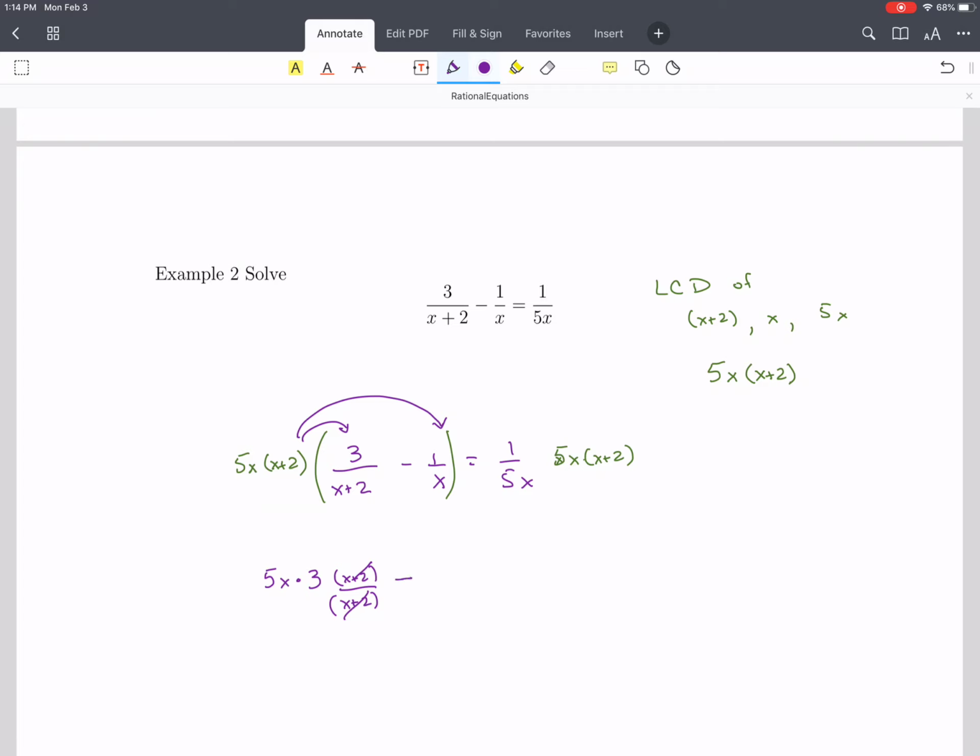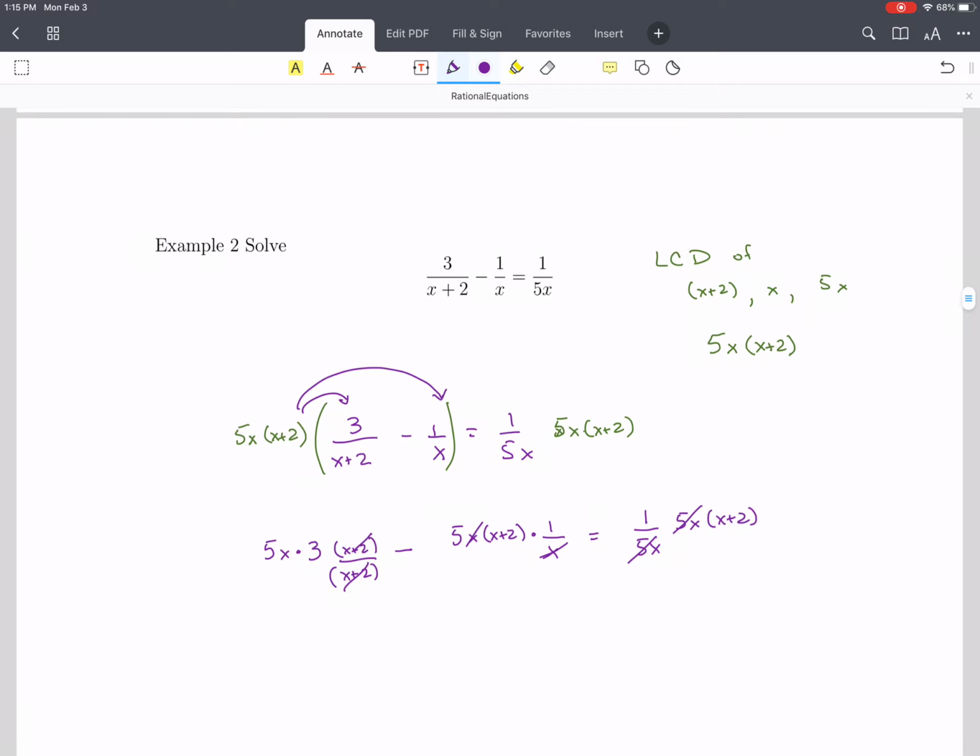For my second term, my x's will cancel. And then on the right side, my 5x's will cancel. So you can see that that simplified this equation dramatically. I just have 15x for my first term. I just have 5 times x plus 2 for my second term, and I just have x plus 2 on the right.